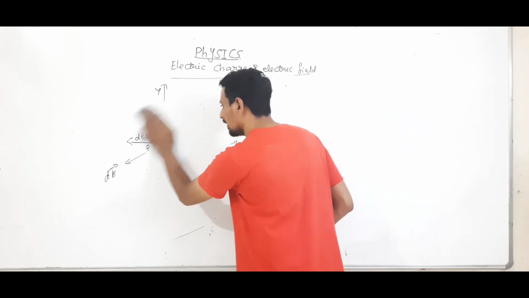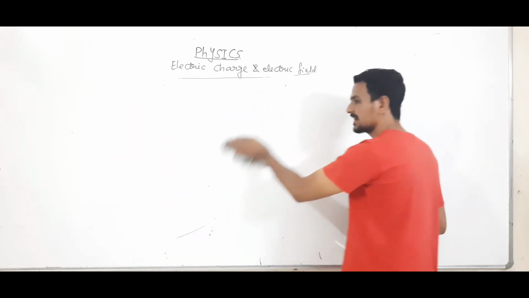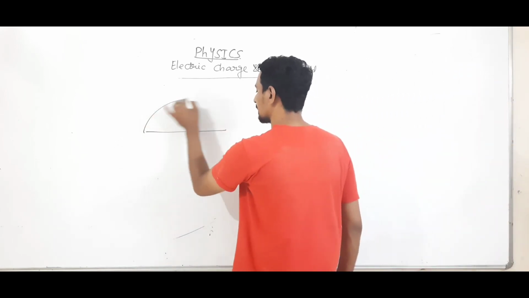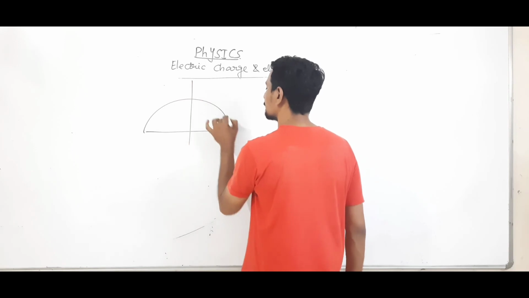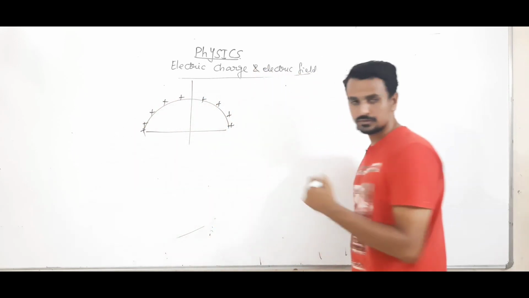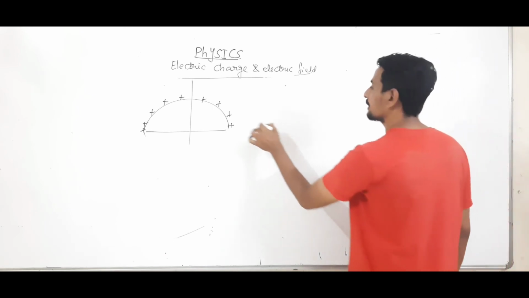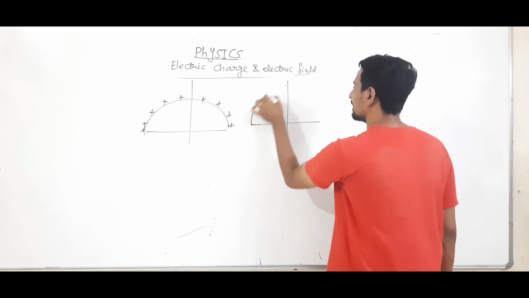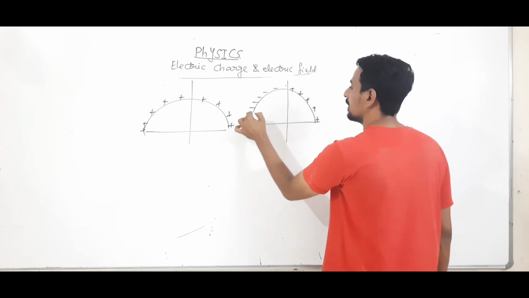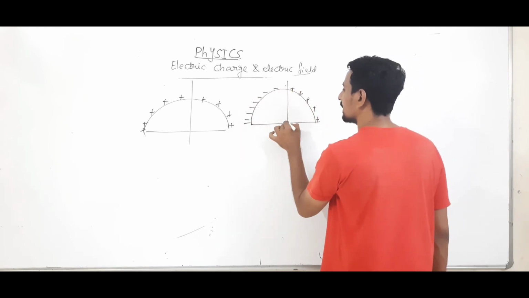Now we'll also understand how to calculate the electric field with the help of the method. That means, if charges are distributed this way and I do not know the formula which we derived, then how to solve this question? What if charges are distributed this way, half positive, half negative, and we have been asked to calculate the electric field here?